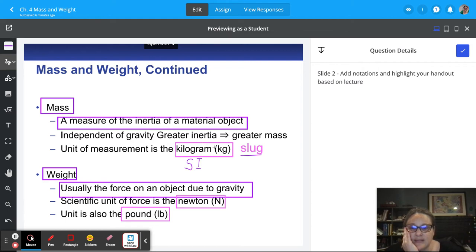So kilogram is the mass unit for SI units, and Newton is the weight unit. But in the US, we use pound for weight as well. And so the corresponding unit is the slug. So Newton and kilogram, and slug and pound.